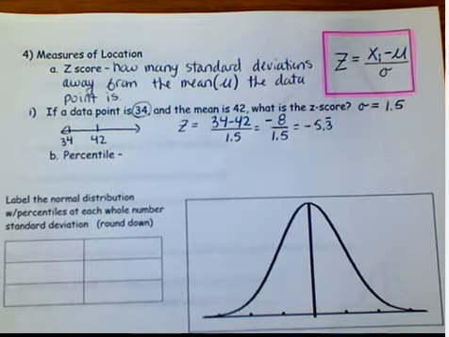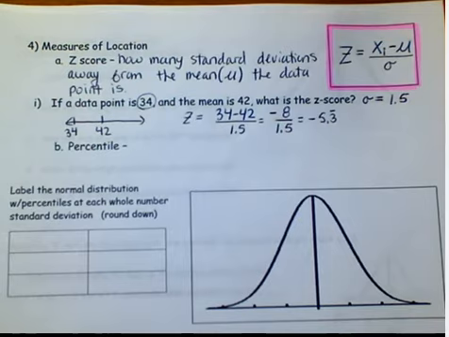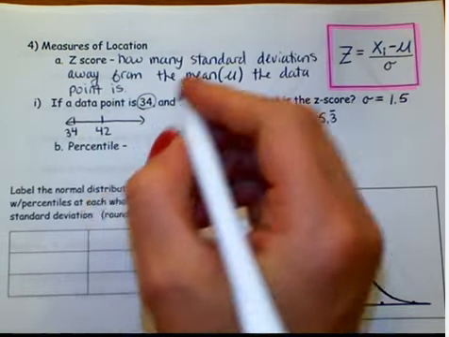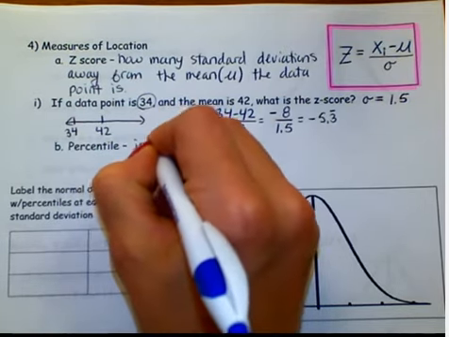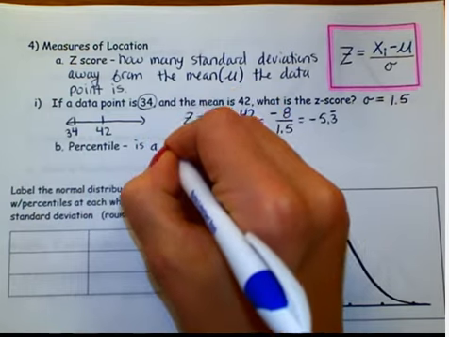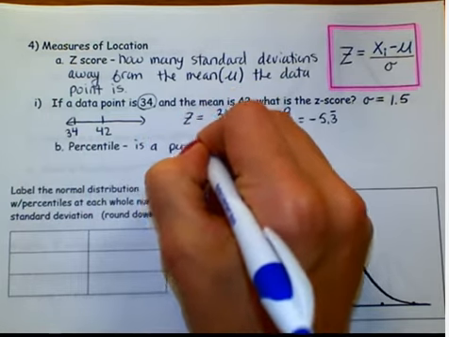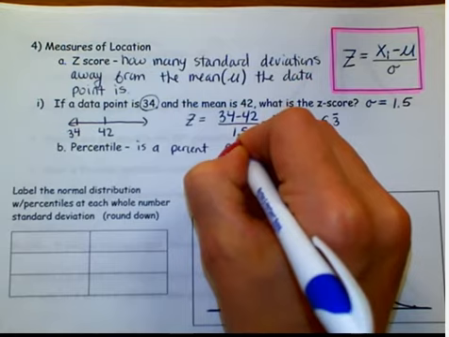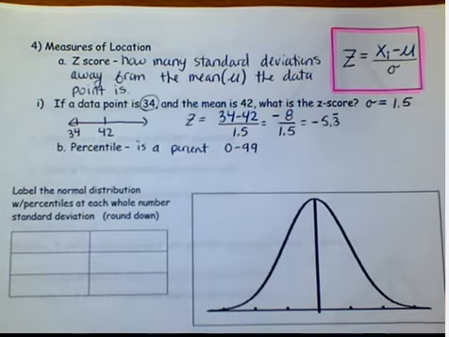negative z-score. The other measure of location is a percentile. The percentile is a percent, so that is between 0 and, I'm going to say, 99.